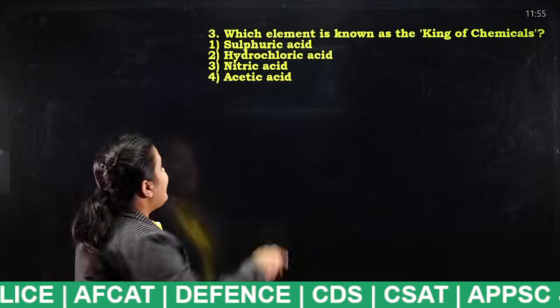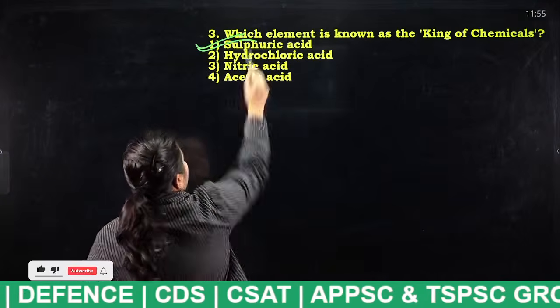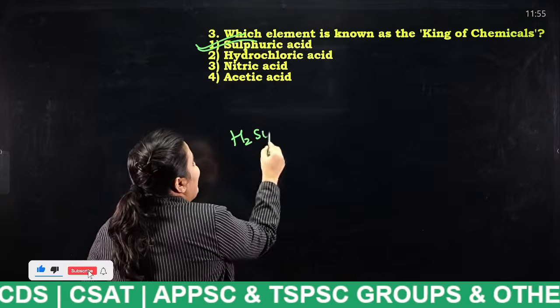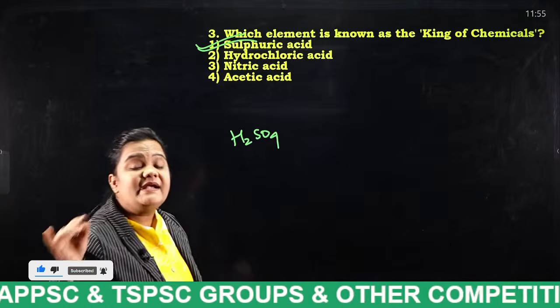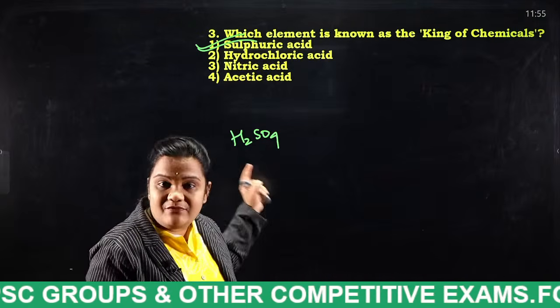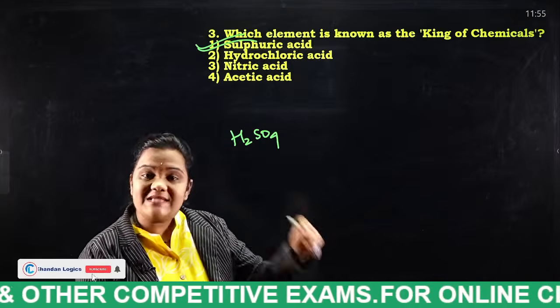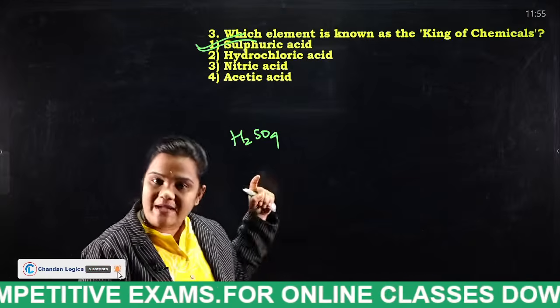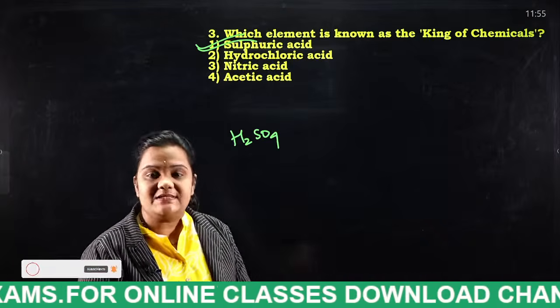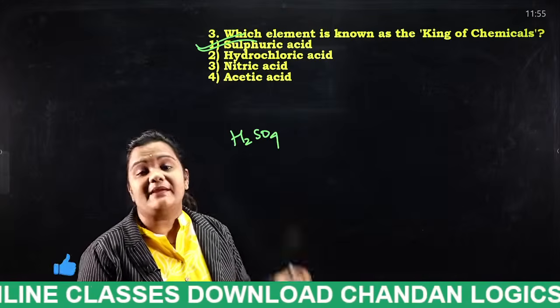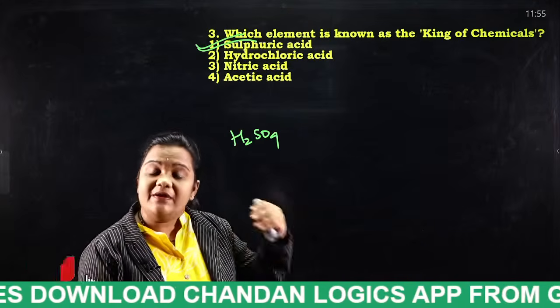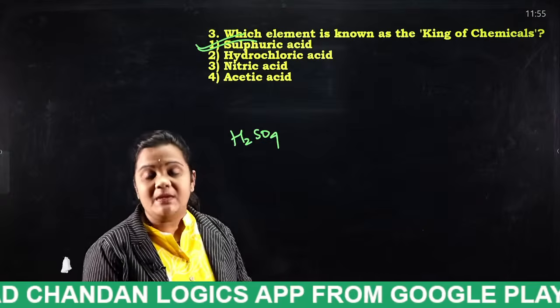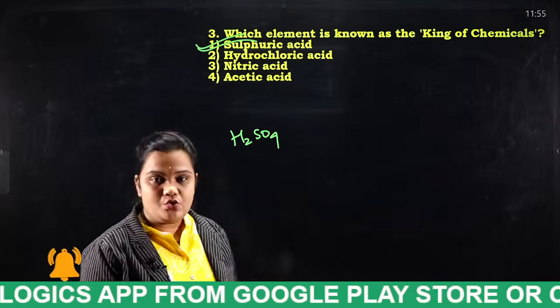The answer is sulfuric acid, H2SO4. Why? Because in each and every industrial process this sulfuric acid is used, for example in fertilizers, dyes, drugs, explosives, and refining petroleum.